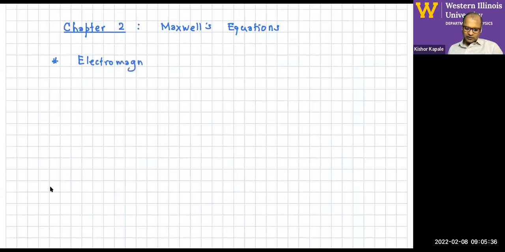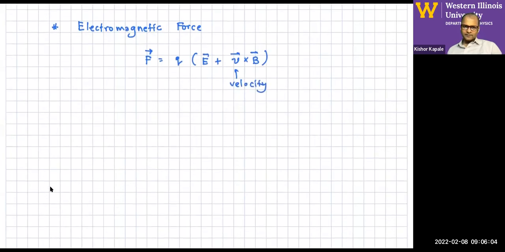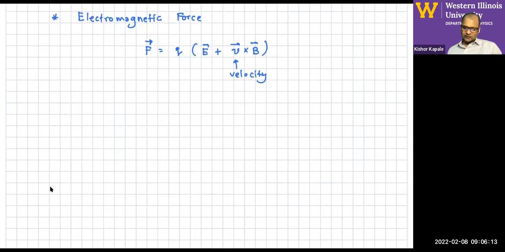If you put a charged particle with a magnitude of q inside the electric field E, and it has a velocity, the velocity vector is given by v, then v cross B gives you the force there. Okay.